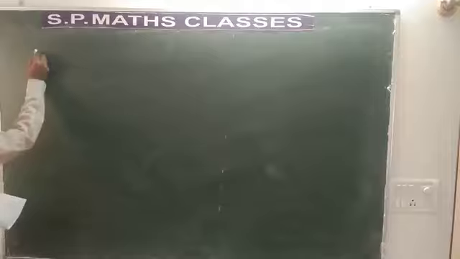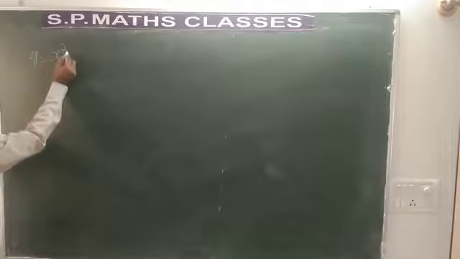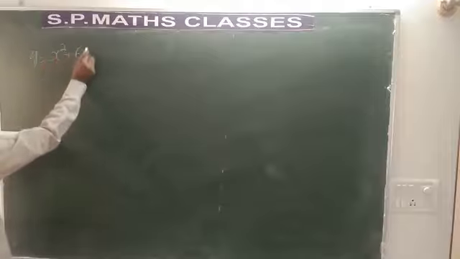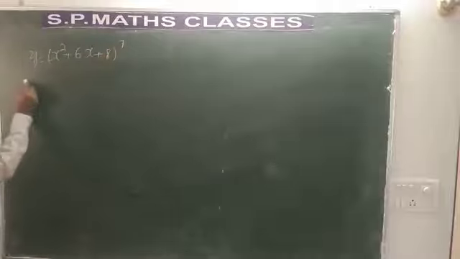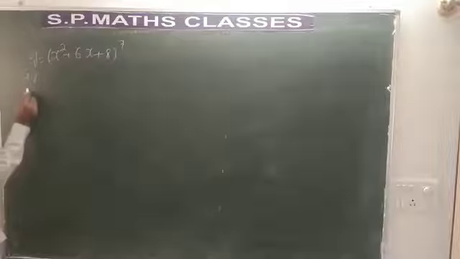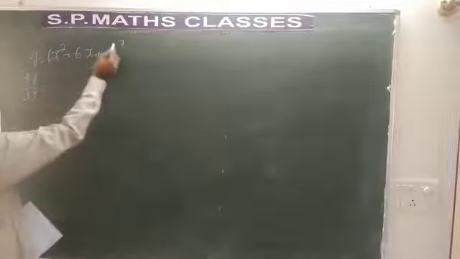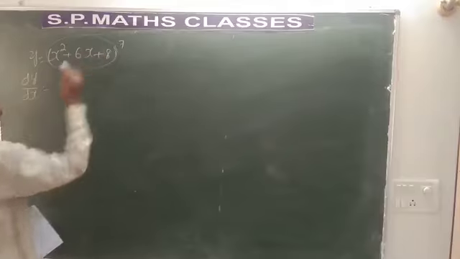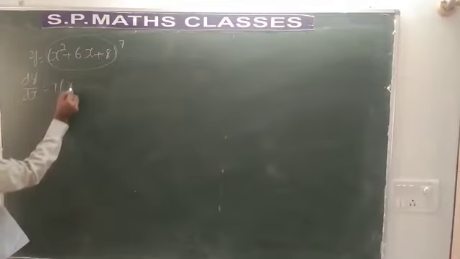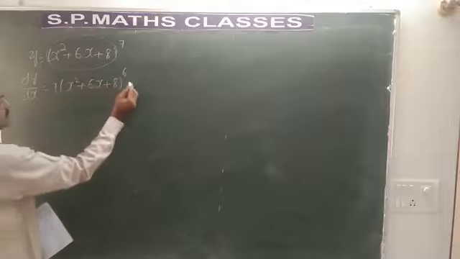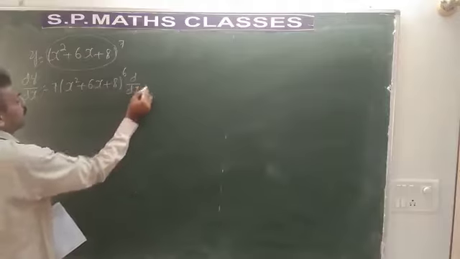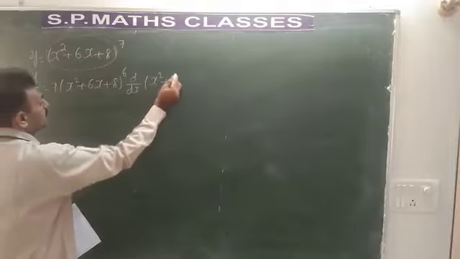Let us take the first one. y is equal to x squared plus 6x plus 8 whole power 7. Let us take the derivative dy by dx. Consider the whole thing as x. You will get 7 into x squared plus 6x plus 8 whole power 6 into the derivative of x squared plus 6x plus 8.